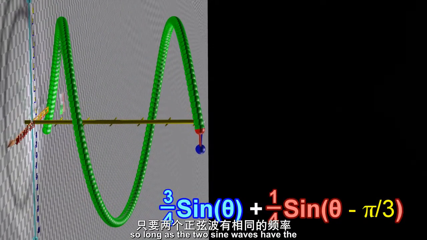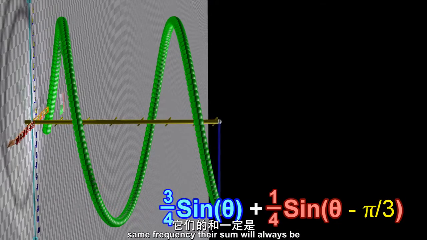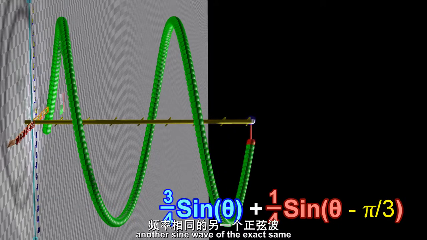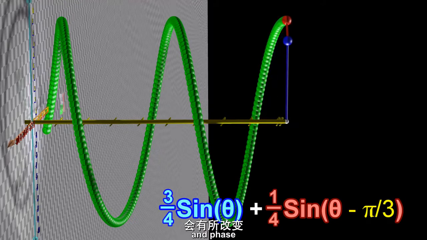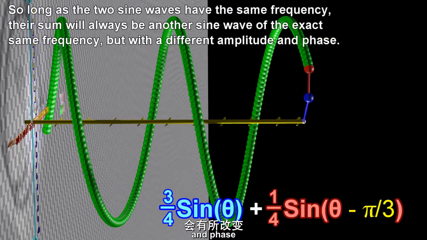So long as the two sine waves have the same frequency, their sum will always be another sine wave of the exact same frequency, but with a different amplitude and phase.